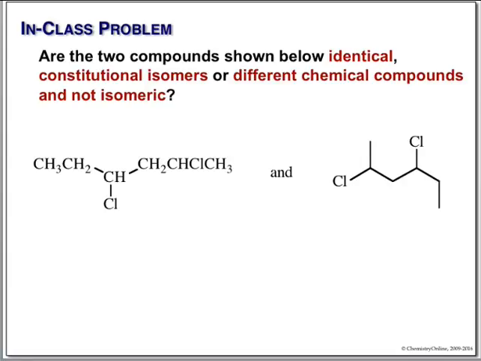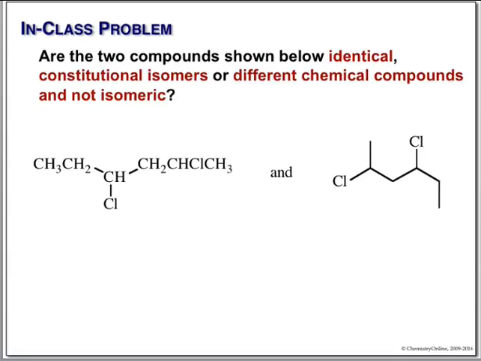Look at these 2. Here's a line drawing, here's a condensed structure, sort of. Are these identical, isomeric, or different? Start off here with your longest chain.